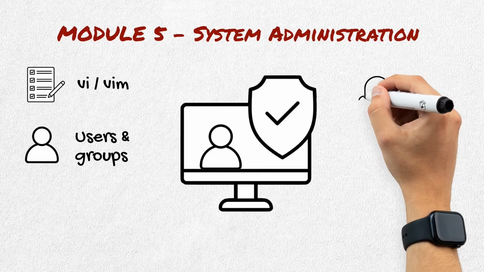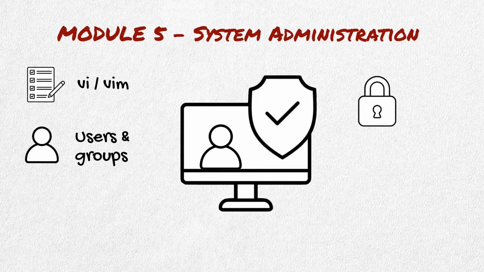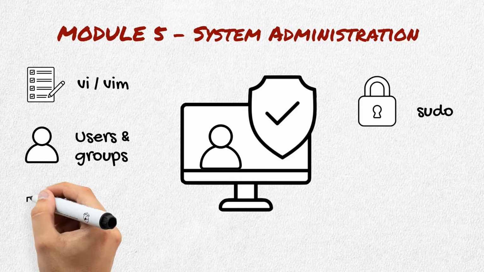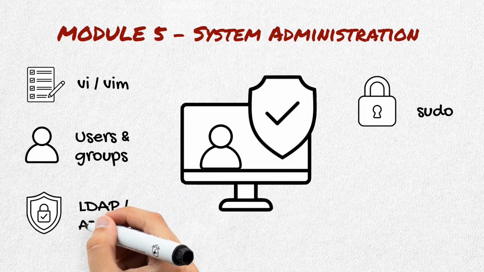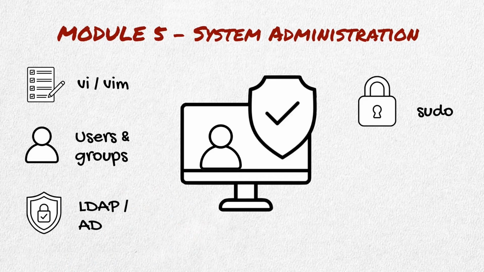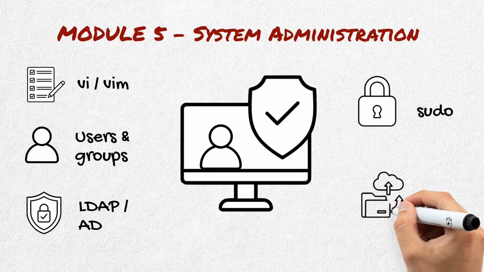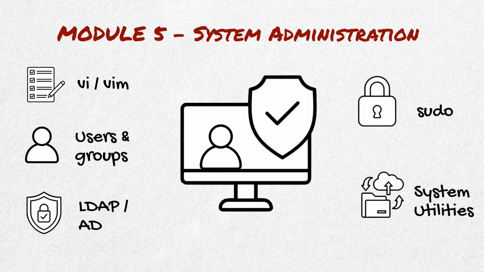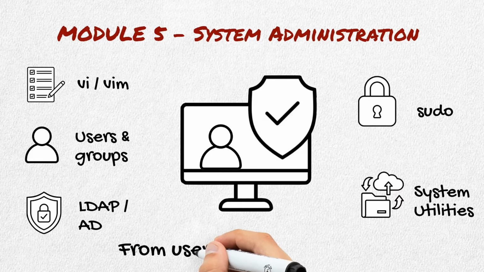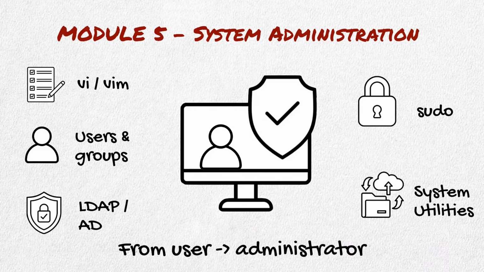We'll also cover Linux authentication concepts, including integrations with LDAP and Active Directory, along with essential system utilities, operating system maintenance, environment variables, and basic system recovery techniques. This is the module where you stop thinking like a Linux user and start thinking like a Linux administrator.